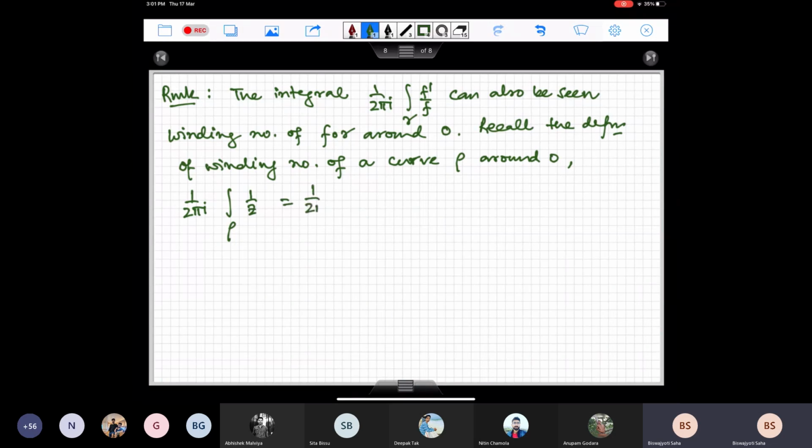So this is 1 upon 2 pi i integral from 0 to 1 of rho prime t divided by rho t dt. This is precisely f of gamma prime t dt.